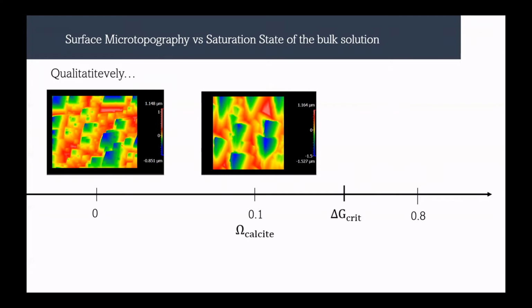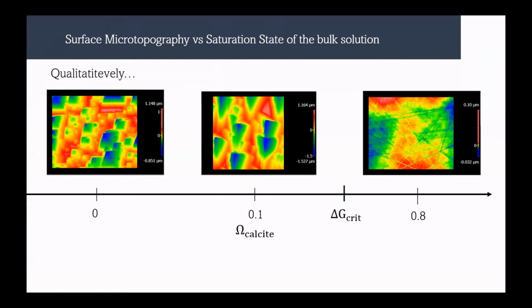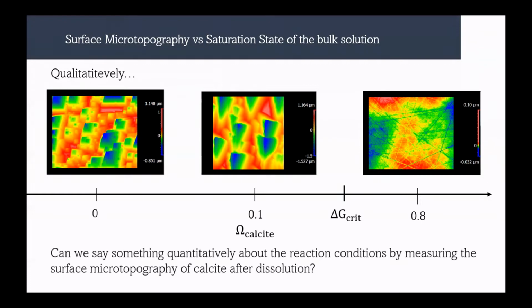Then as we overcome the critical value of the Gibbs free energy, for which the opening of etch pits is no longer thermodynamically spontaneous, we no longer observe these surface features, and the dissolution is more homogeneous along the surface. So we start from this qualitative observation, and the idea now is to find some tools to describe this evolution of the surface microtopography in a quantitative way.